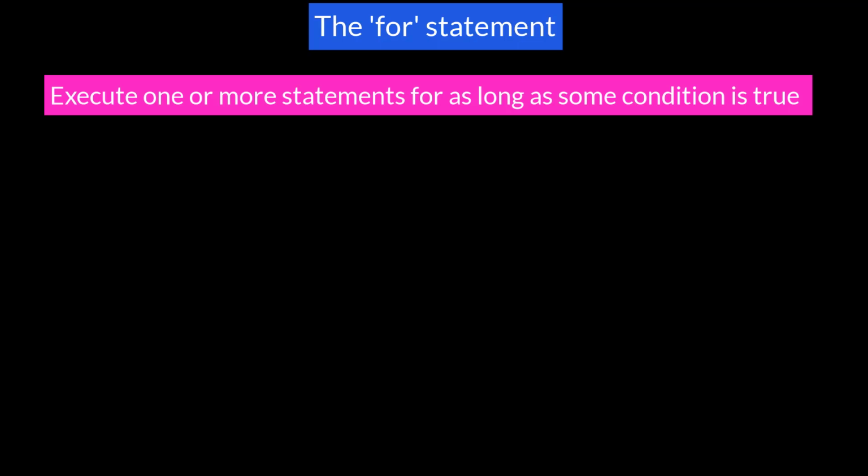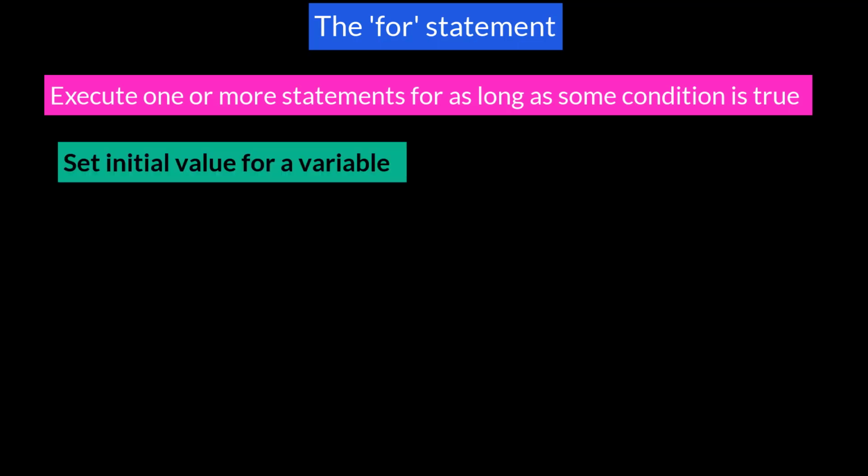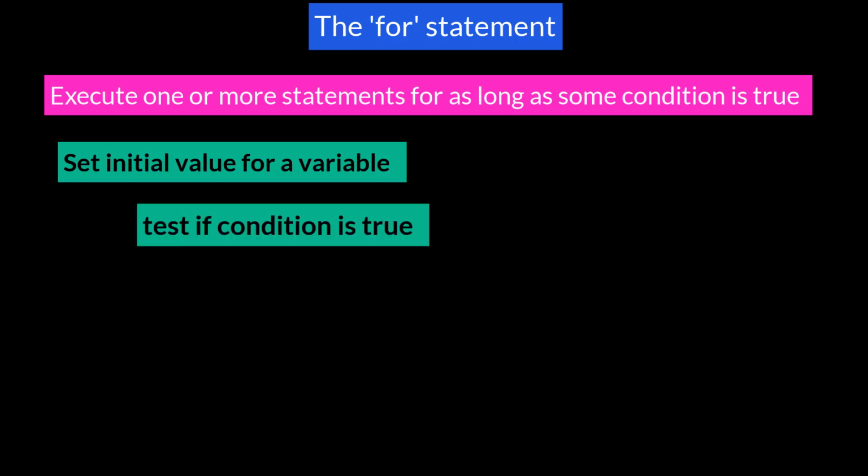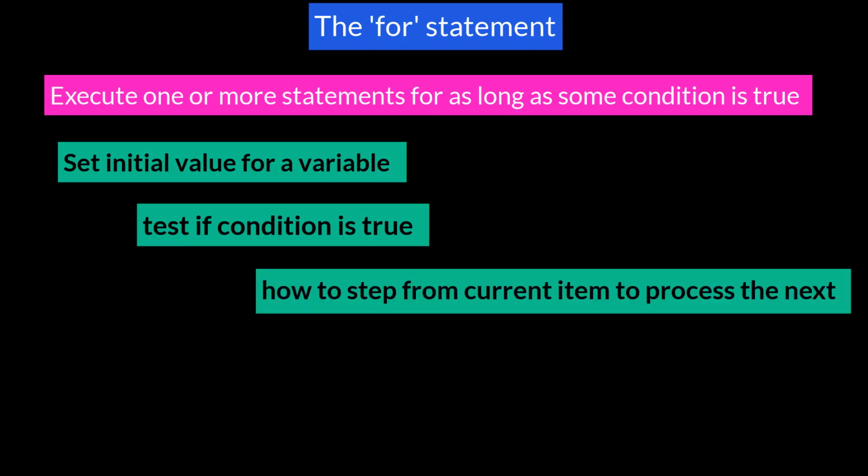The for statement. This statement is designed to execute one or more statements for as long as some condition is true. You specify an initial value for a variable, then a test to see if the condition of interest is true, and a specification of how to step from the current item to process the next, usually incrementing an index, but other creative options are possible.